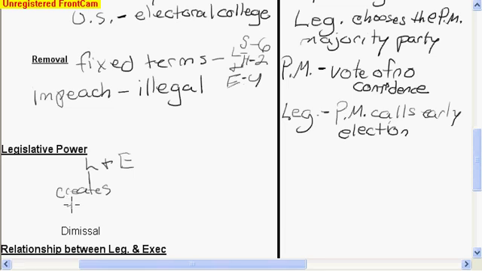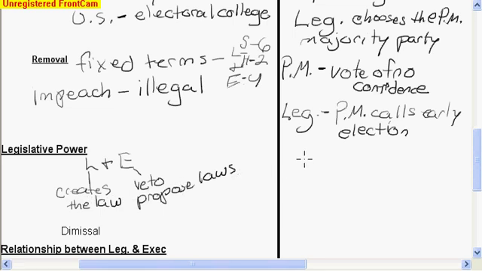But because of our system of checks and balances, we also have the president who is able to veto, and he can also propose laws. So both branches have pretty equal power in terms of legislative power, but mainly with the legislative branch being responsible for the creation of the laws in the United States.